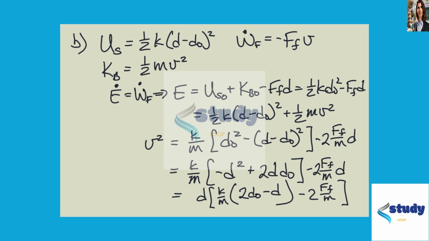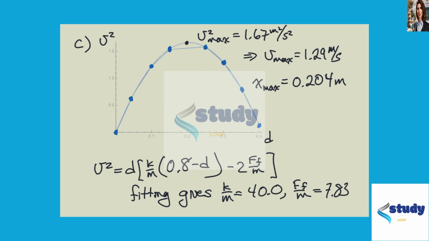So we were asked to then plot the data as v squared as a function of d. So I did that here, and here are the data points, and then I just have lines connecting them.